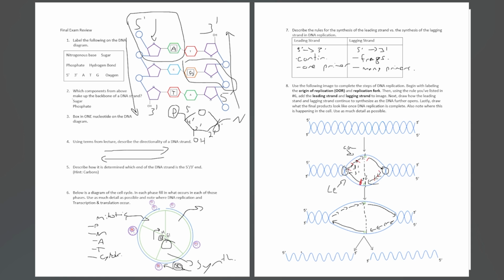Once we're done, we have a DNA strand that looks like this. So we have two identical strands of DNA, and keep that in mind. Remember, they have to run anti-parallel to each other, just like that. Simple enough?